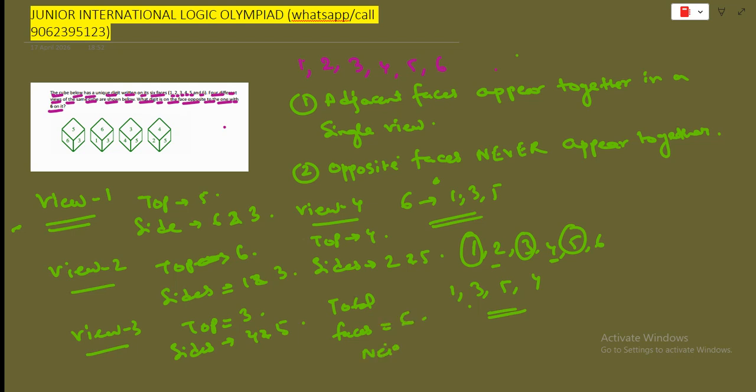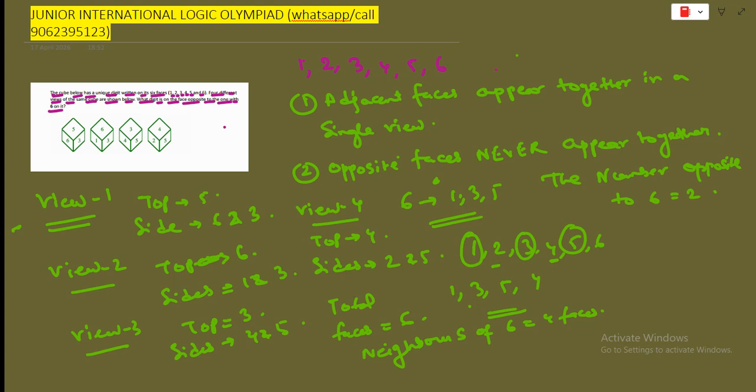Neighbors of 6 are 4 faces, and 6 itself makes 5 faces, and one number left, 2, and that must be the opposite face. So the number opposite to 6 is 2. Okay, so remember, friends sit together and enemies stay opposite.